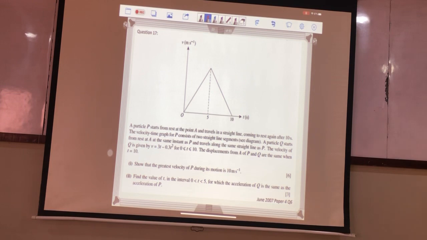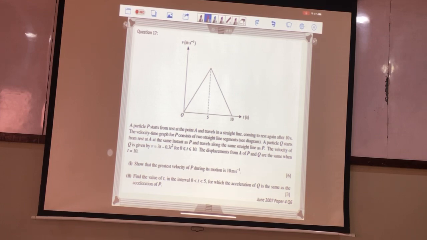A particle Q starts from rest at A at the same instant as P. There are 2 particles. These statements get a bit lengthy. Particle Q starts from rest at the same instant as P, travels along the same straight line. Velocity of Q is given by such and such. The displacements from A of P and Q are the same when t is equal to 10.